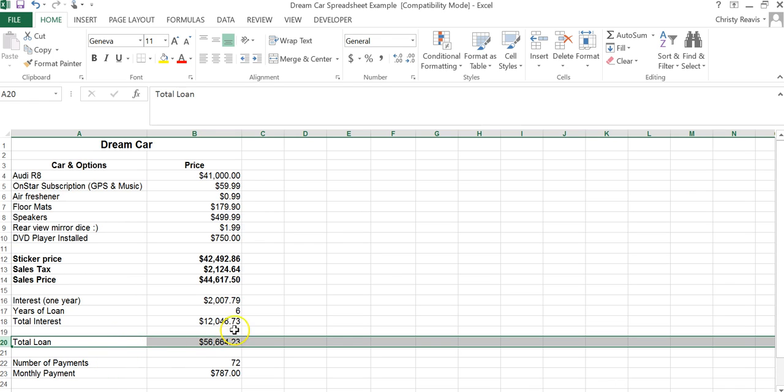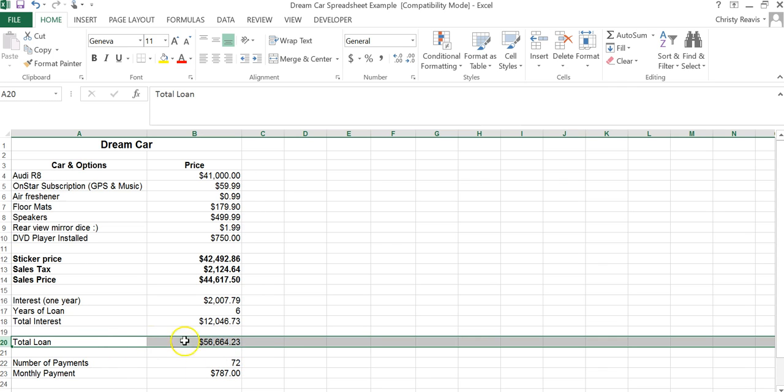Now, that's how much you need to borrow today to be able to pay the bank and pay for the car. And then you'll make regular payments. So if the loan is 6 years, the next part here says how many payments will you make? So 12 payments or 12 months in a year times 6 years would give us the number of payments that we'll make.